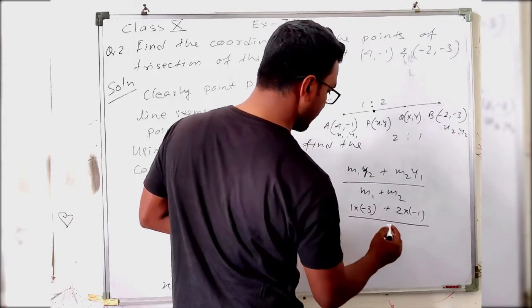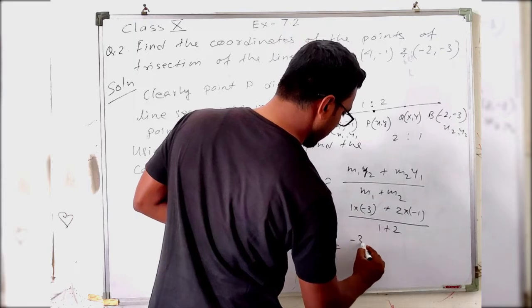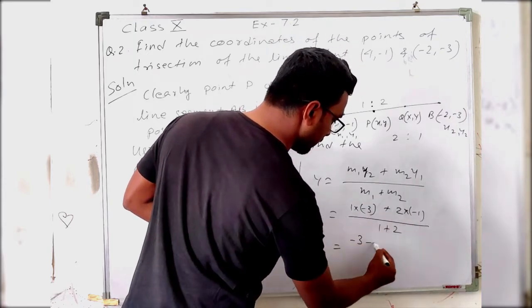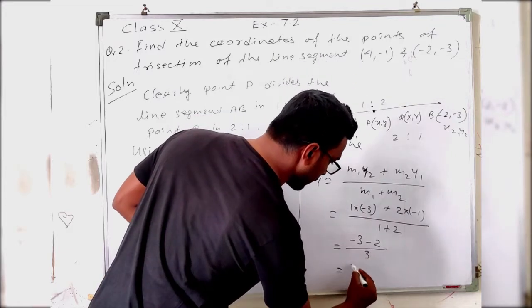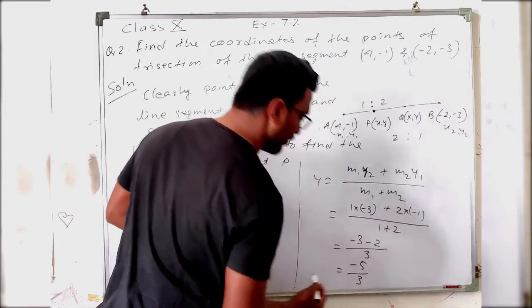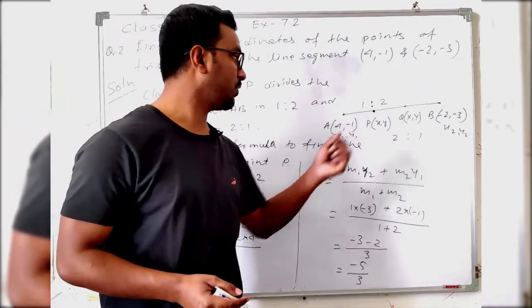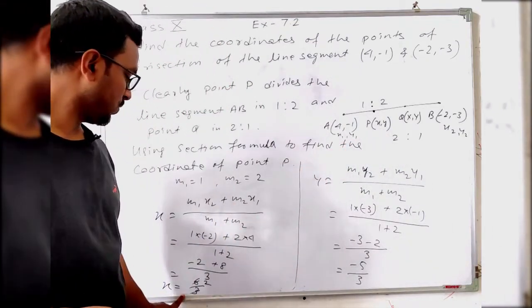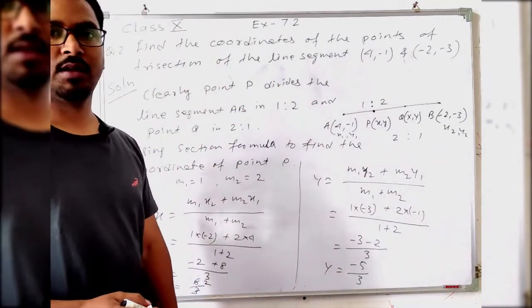So this will become 1 plus 2, minus 3 plus minus 2 by 3. So this will become minus 5 by 3. Okay, so the coordinate of this point will be x is 2 and y is minus 5 by 3.